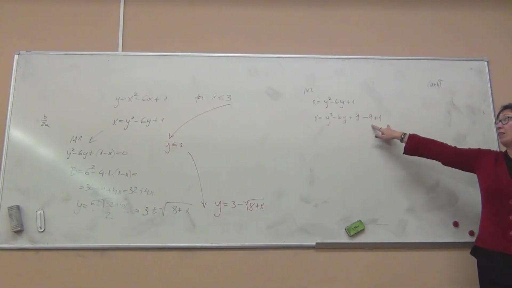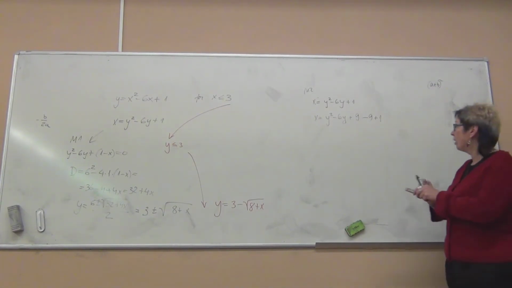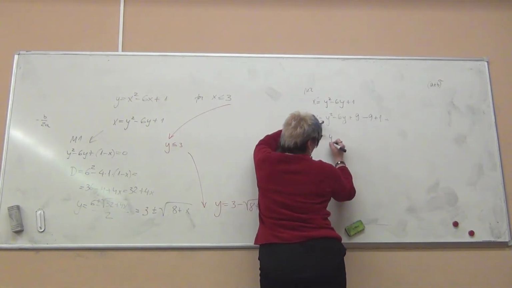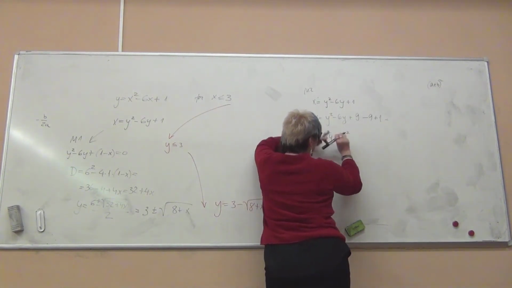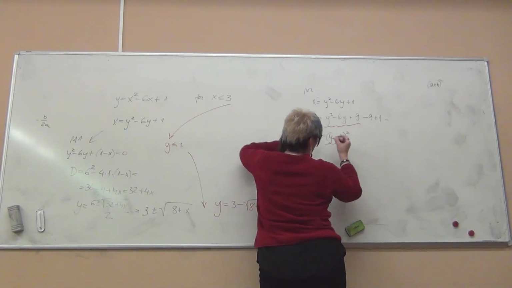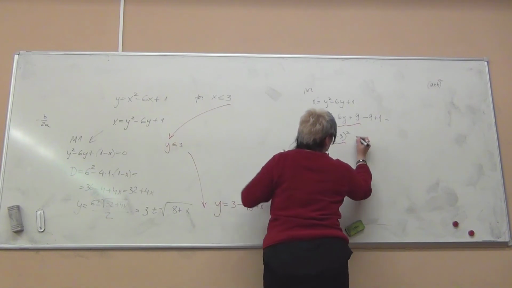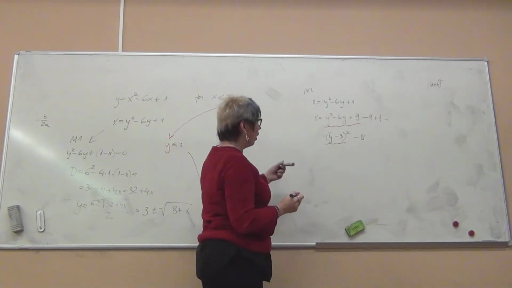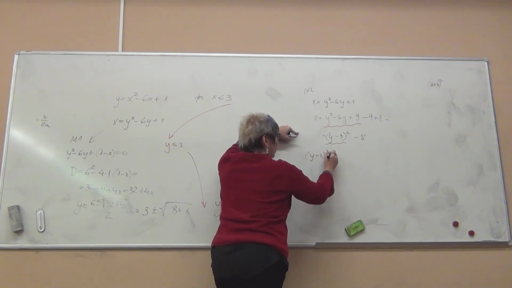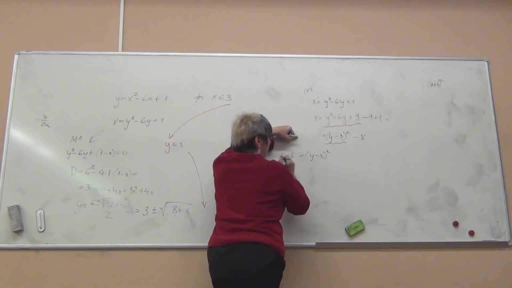But this is how we get the minus 8. So this is now (y minus 3) squared, it's this part, minus 8. So now, from this I can write (y minus 3) squared equals x plus 8.